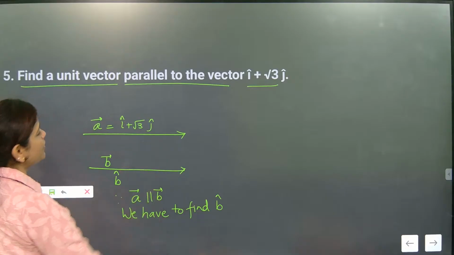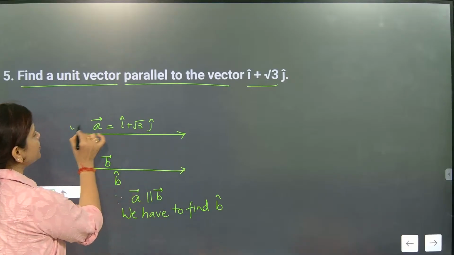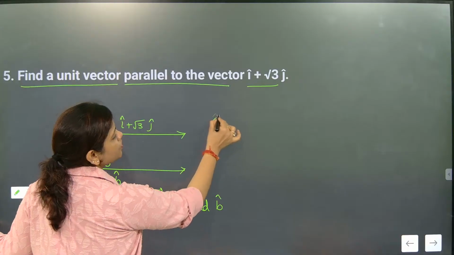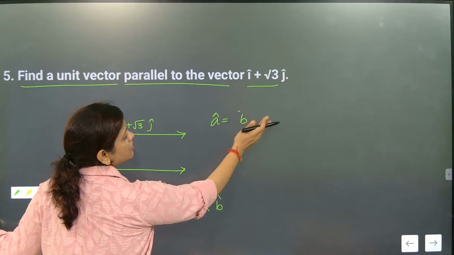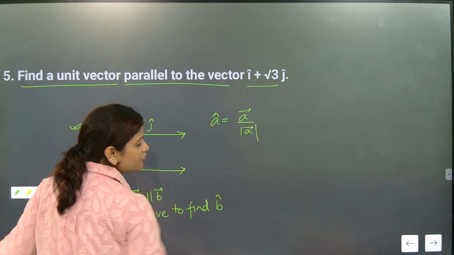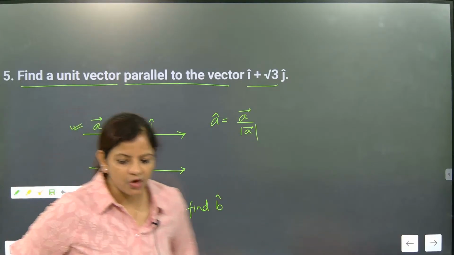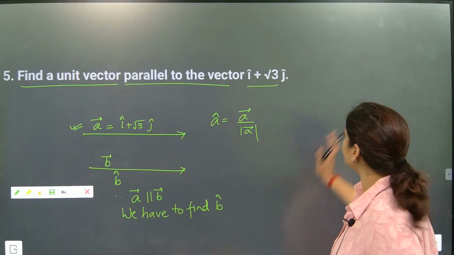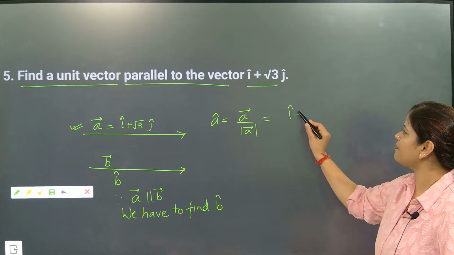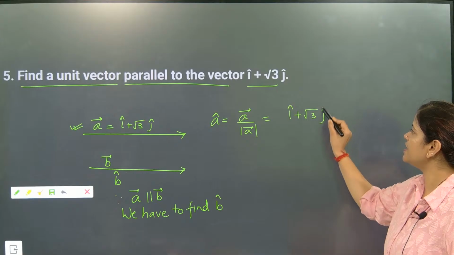So what is the formula for unit vector? First we will find the unit vector of A vector. The formula: A cap is equal to A vector divided by the magnitude of A vector. A vector is i cap plus root 3 j cap.